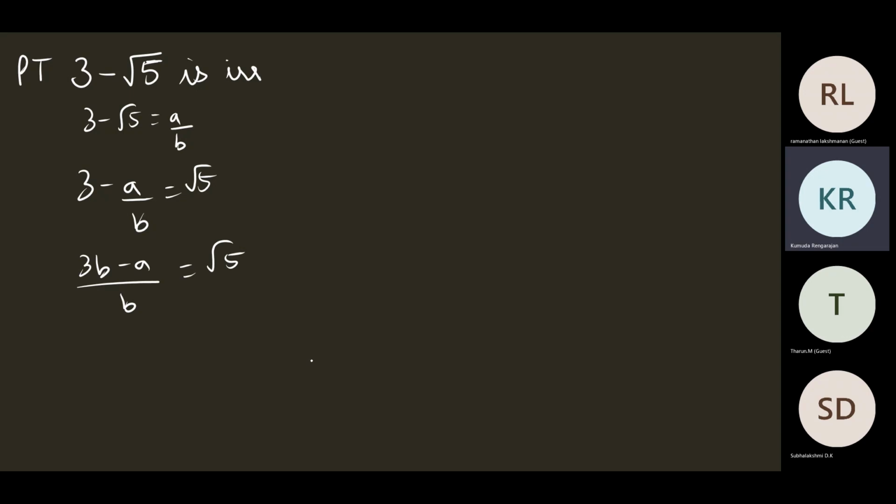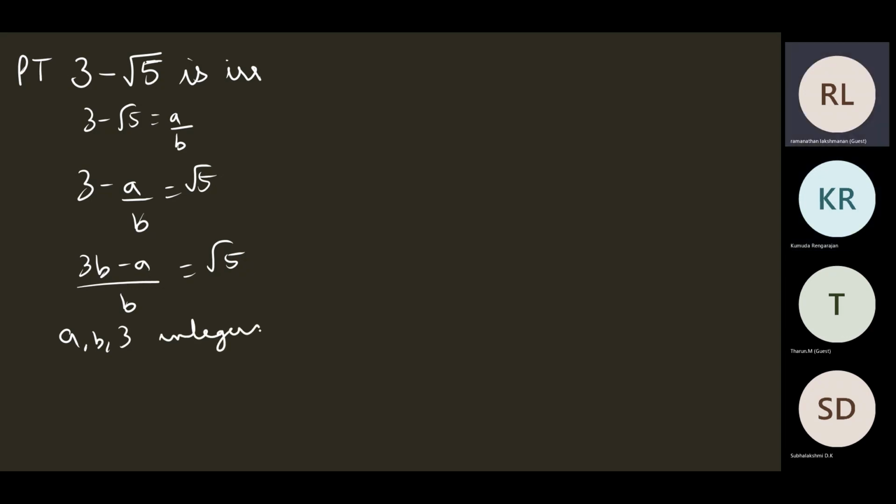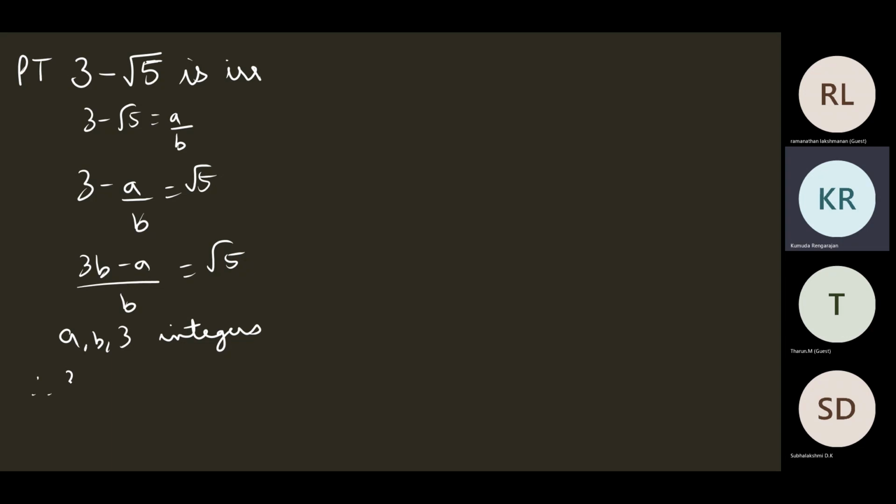After this, what you have to say is a, b and 3 are integers, correct? So therefore, 3b minus a by b is rational, because it's made up of integers.